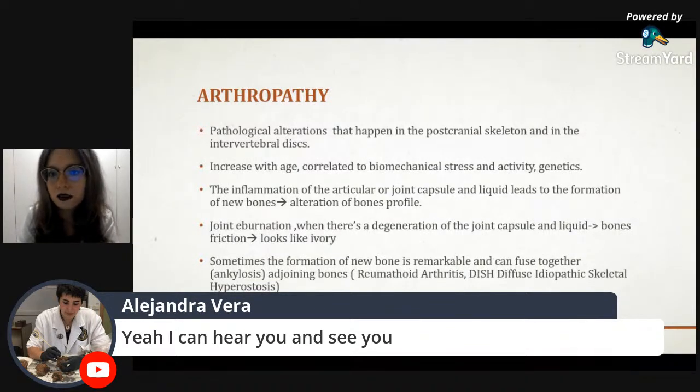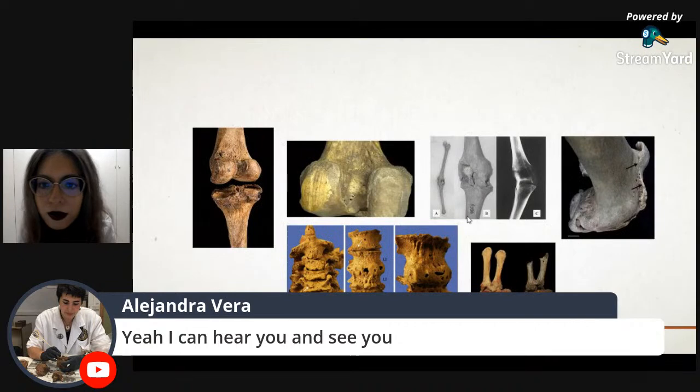It's correlated to genetics, but also to biomechanical stress and activity. It's based on a chronic inflammation of the articular or joint capsule and fluids, and that inflammation leads to the formation of new bone. So we have an alteration of the bone profile.